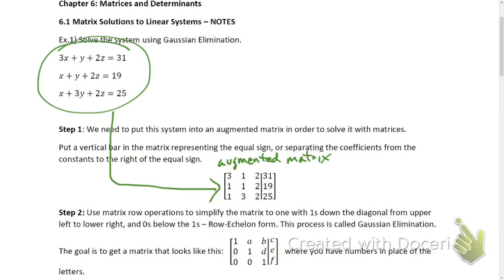Step 2 is kind of weird. This guy Gauss, he created this process where you change that matrix that we just wrote into row echelon form. So to be in row echelon form means that we get ones on the diagonal and zeros in the bottom left corner. These numbers we don't care about.